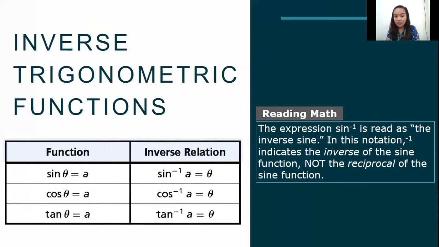The inverse relation now is sine raised to -1 of a is equal to theta. Okay. So theta here is your angle. Your a is one side of a right triangle. Okay, and then your theta is your angle.